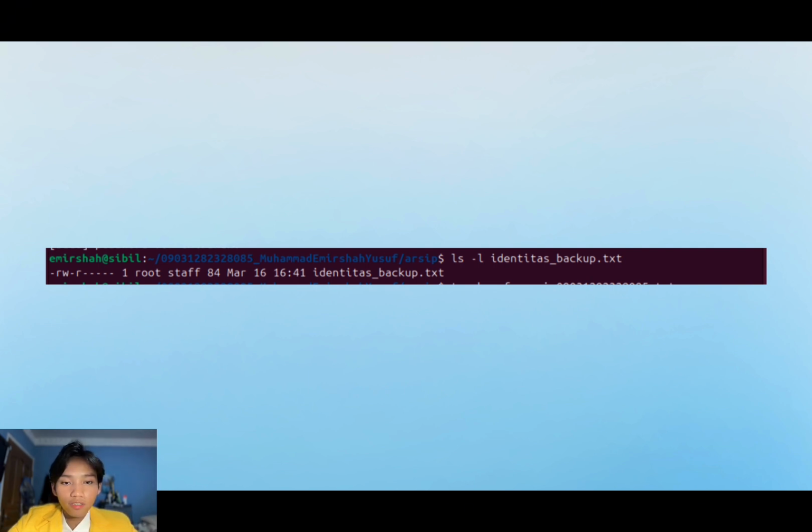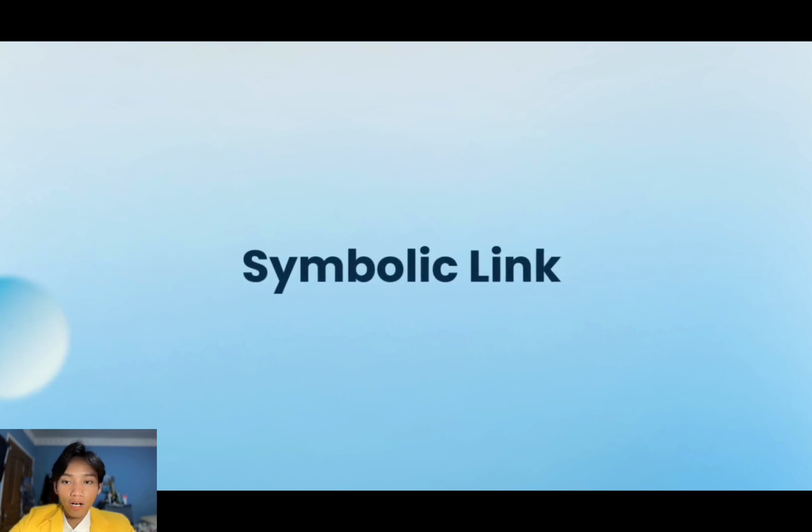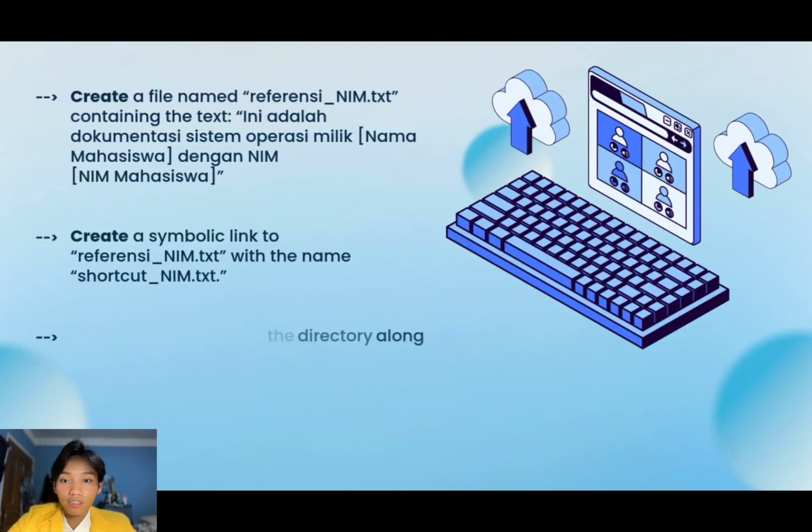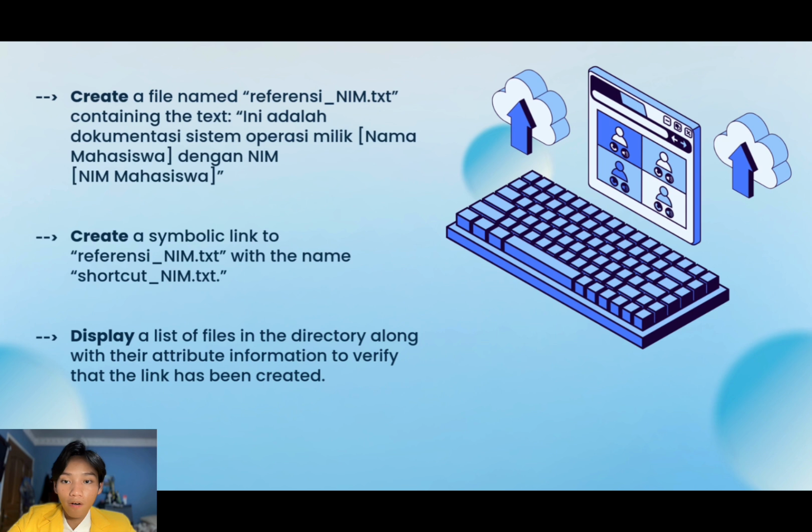Now, let's move on to the next topic, symbolic link. In this topic, we have around 5 tasks given to us. First is to create a file named reference name text containing the information above, and the second task is to create a symbolic link to reference name text with the name shortcut name text.